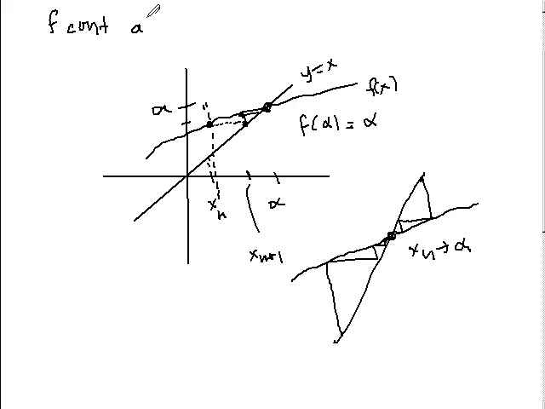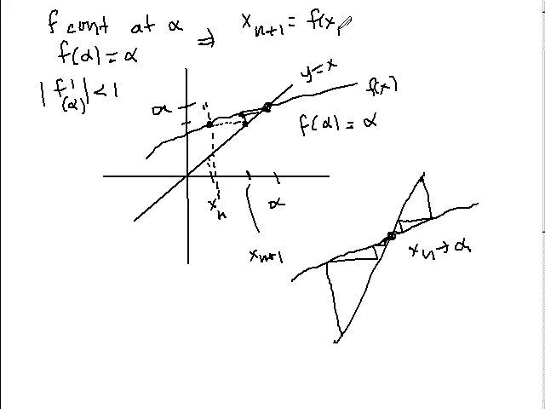So if your f is continuous at alpha, and if f of alpha is alpha, and f prime is less than 1 in magnitude at alpha, then xn plus 1 equals f of xn converges to the fixed point.